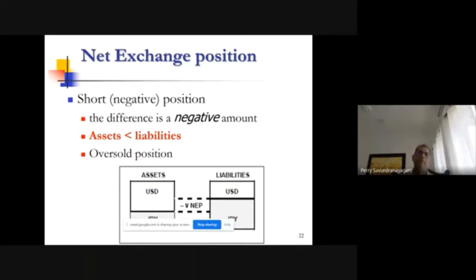Short position is when they are minus that particular currency and plus the other one. When we talk about long or short positions, we are usually talking from a primary currency perspective. So in our case, if it's US dollar LKR, the US dollar will be the primary. So when I say I'm long US dollars, I'm referring to I'm long the dollar, short the rupee. If I say I'm short the dollar, I have sold more dollars and have raised more rupees.